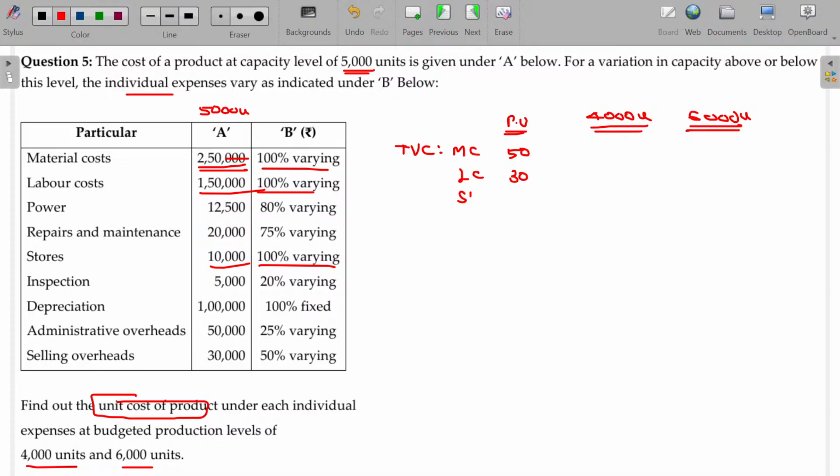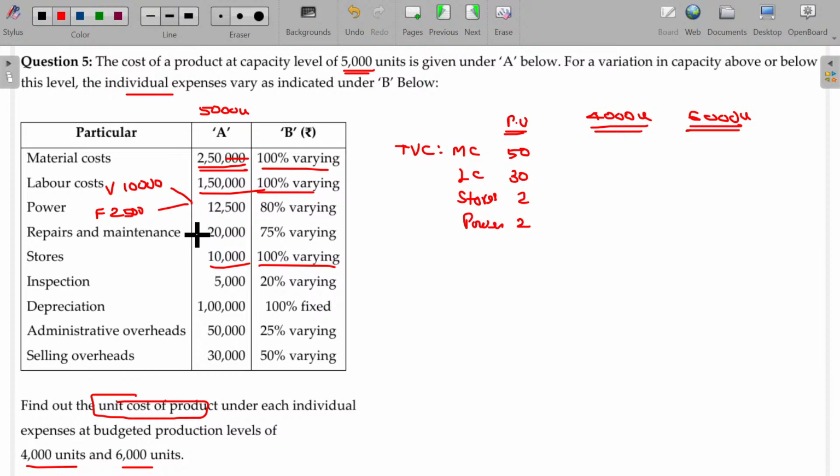Stores 2 rupees. In case of power, 20% being fixed, 2,500. Variable 10,000. 10,000 for 5,000 units means 2 rupees.